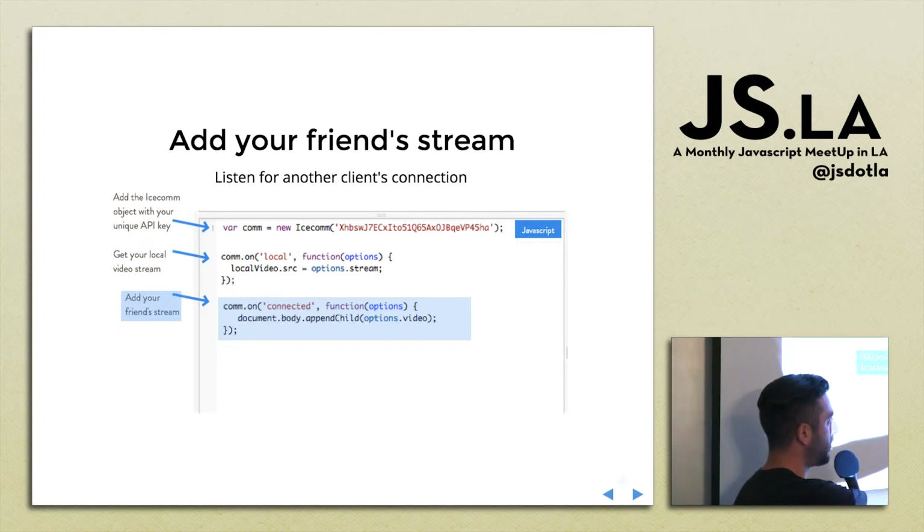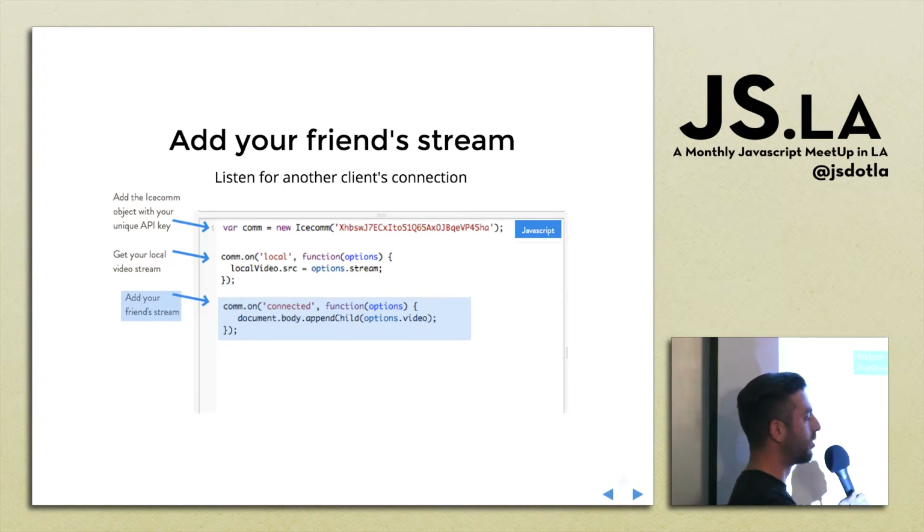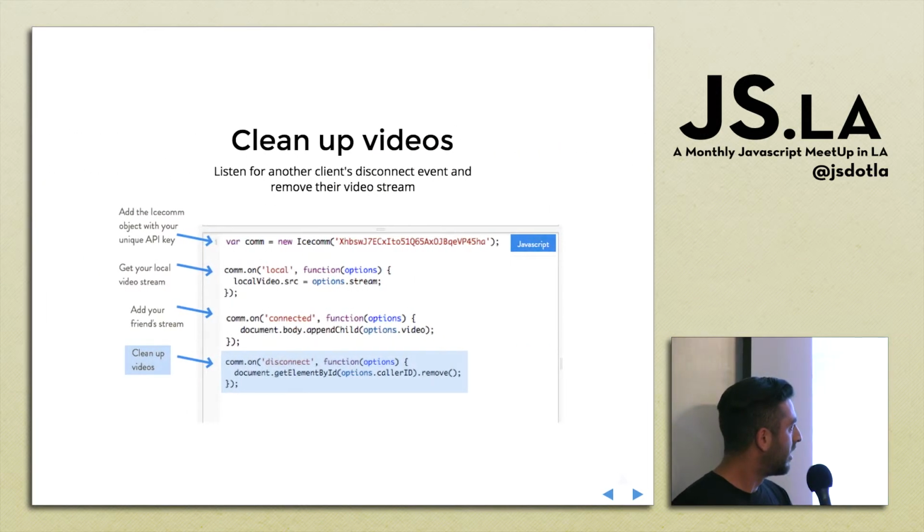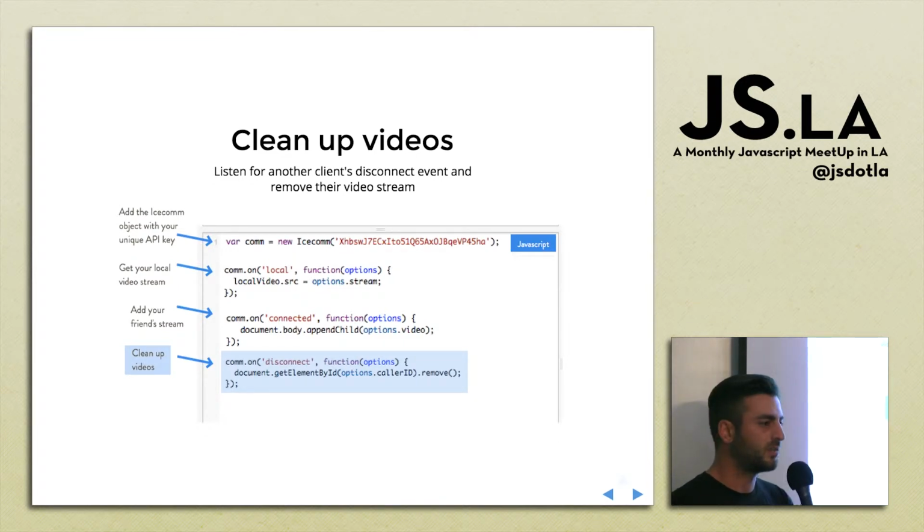We actually give you a couple options here. You can either just take the raw stream, or we give you a pre-made video element to input into your HTML. And then you'll want to define the disconnect handler, and probably just remove a video element.